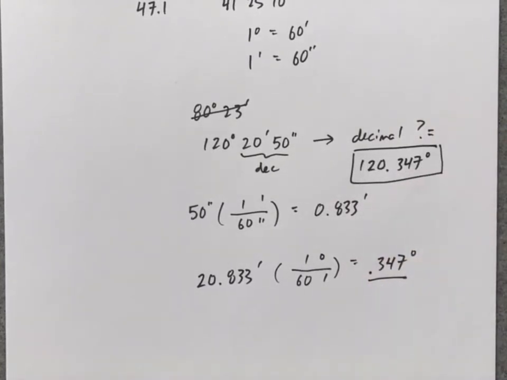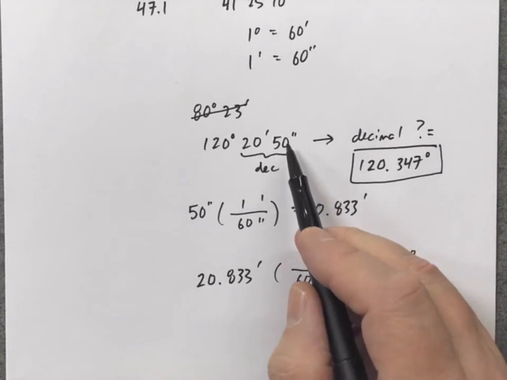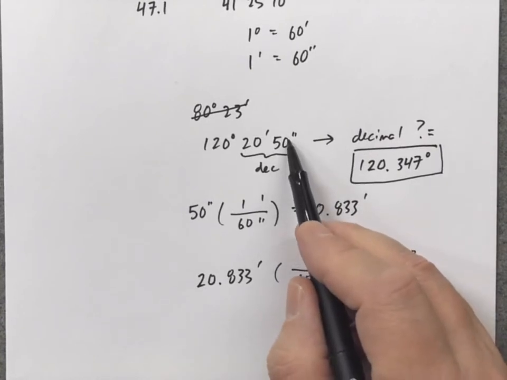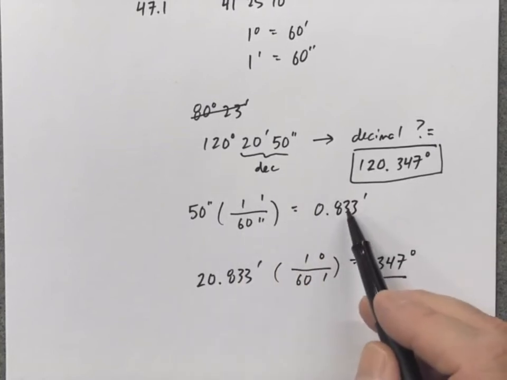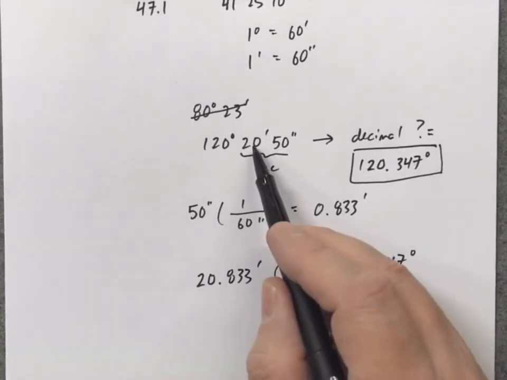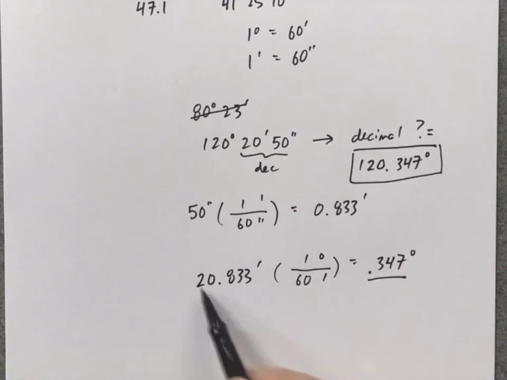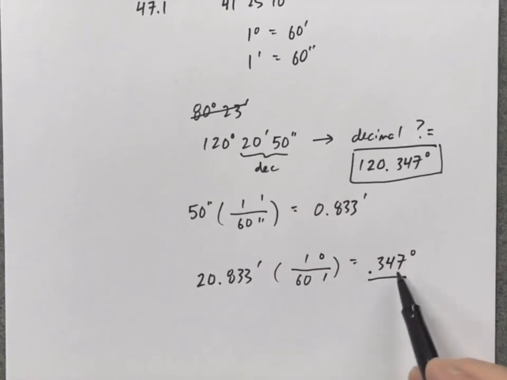All right, hopefully not too hard. So once again, you take the seconds part, you convert it to minutes. You take that minutes, add it to your original minutes, convert that new minutes number into degrees, and then that's the decimal part of your answer.